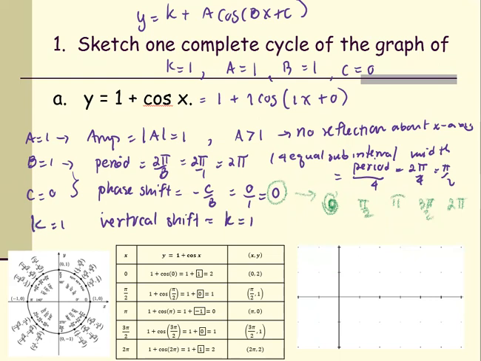This number also tells you that the range of the graph will be the interval from k minus the absolute value of a to k plus the absolute value of a. Instead of negative a to positive a, which is negative 1 to positive 1, for this case it is 1 minus 1, comma, 1 plus 1, or the interval 0 to 2, as we can find out from the table as well.